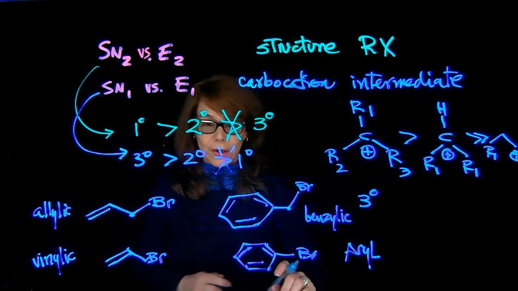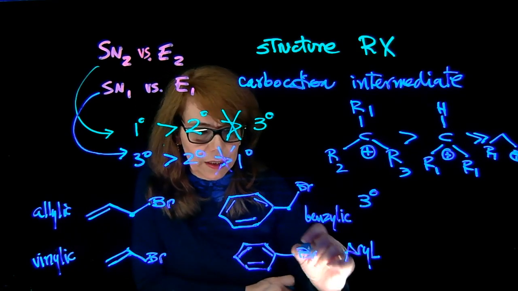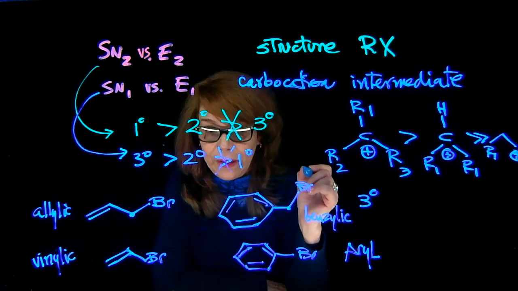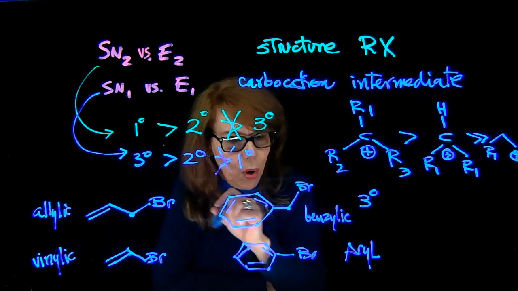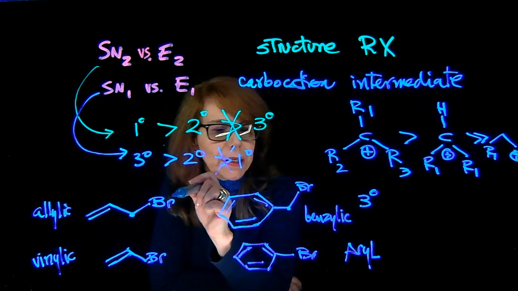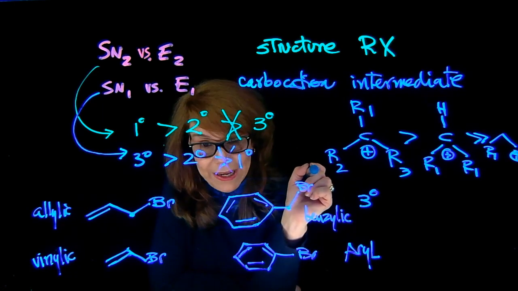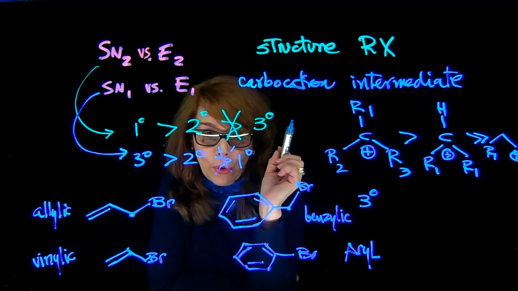These structures are important because, for example, vinylic and aryl structures are very unreactive towards SN2 and towards SN1 either way. However, allylic and benzylic substrates react very well, both via SN2 or SN1.